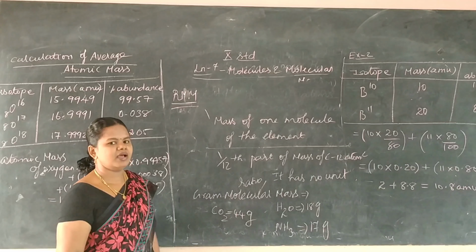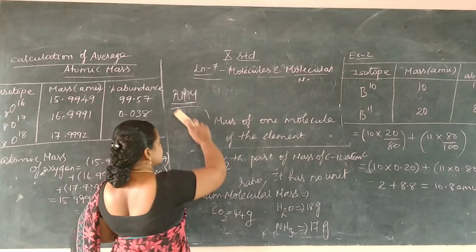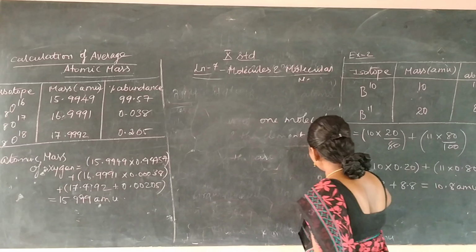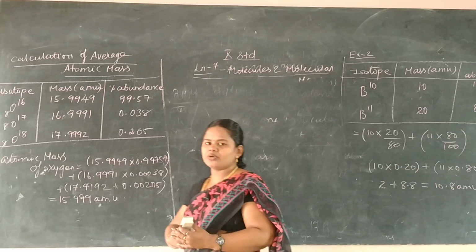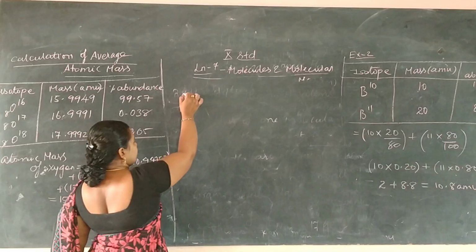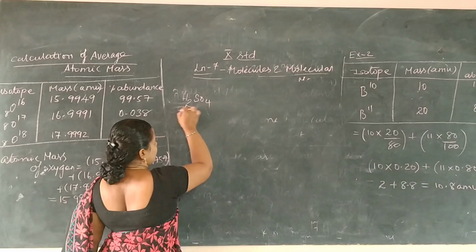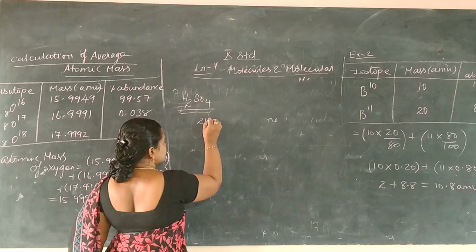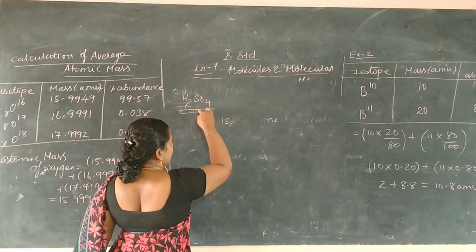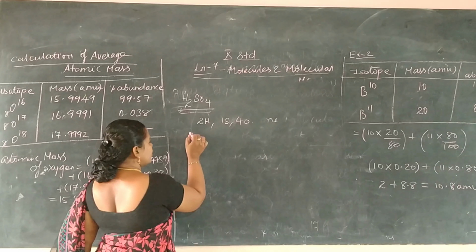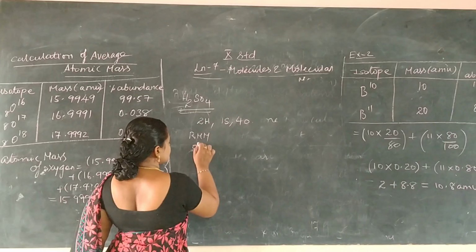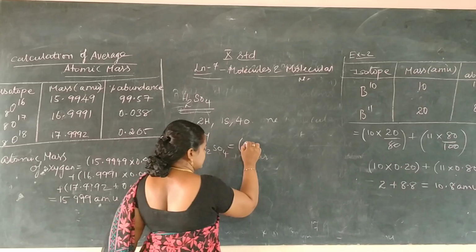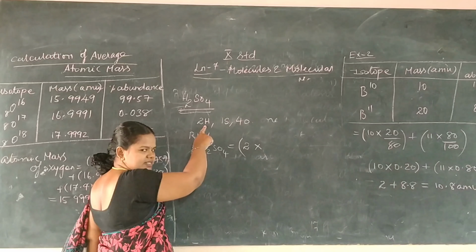Now let us calculate the relative molecular mass of some compounds. I will give two examples. To get the relative molecular mass, you add all the atomic masses of the elements present in the compound. For example, sulfuric acid, H2SO4. Here 2 hydrogen, 1 sulfur and 4 oxygen are present.